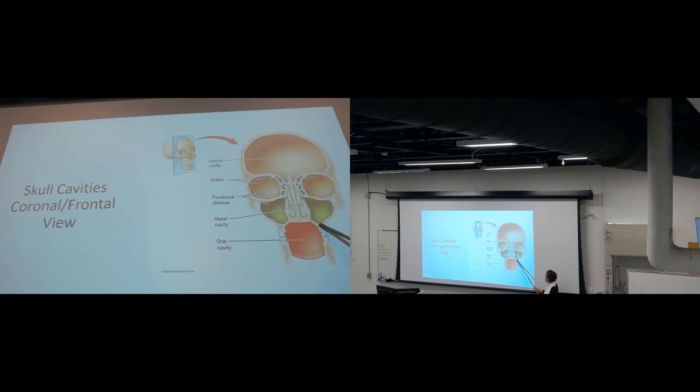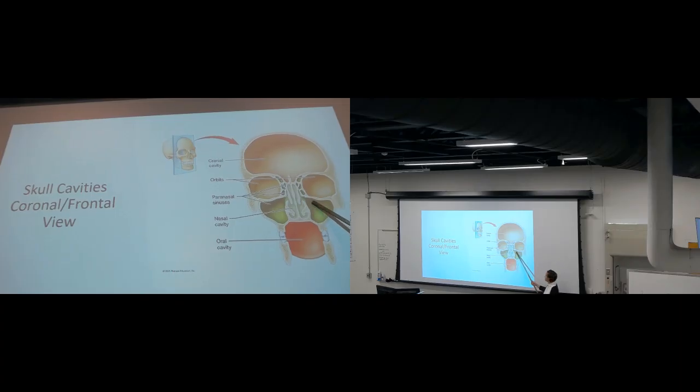Clinical point for the maxillary sinuses. The floor of the maxillary sinuses is very thin. And the roots of the second superior molar are in close contact with the floor of the maxillary sinuses.